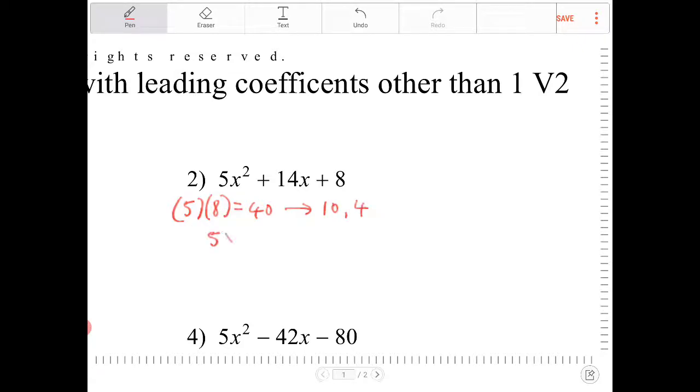So I have 5x squared plus, and it doesn't matter which order you write it in, you can write 10x plus 4x, or the other way around. I'm going to write 10x plus 4x.